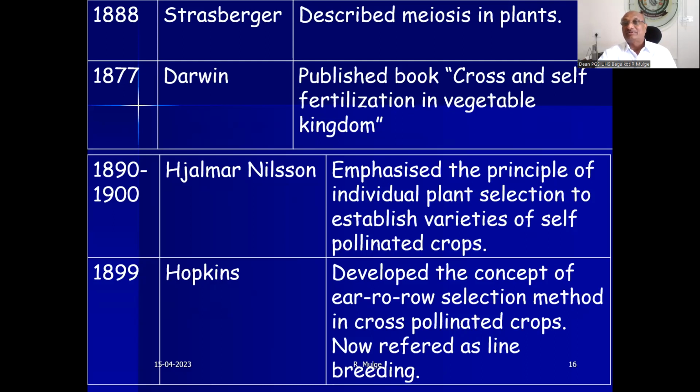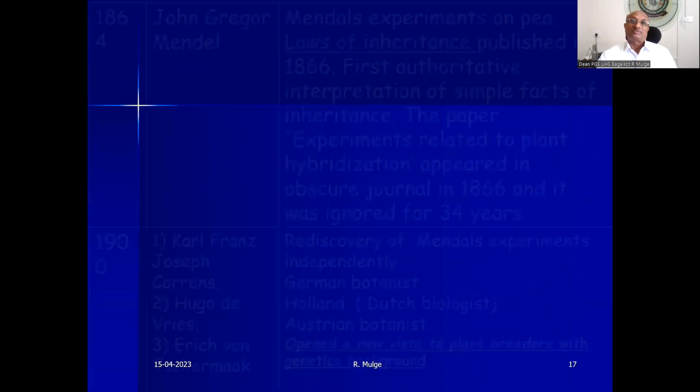It's tentative. Visually you are doing it, but sometimes visual may not be the actual potentiality of that plant. So how that progeny is performing, that's the principle of year to row selection. That's what you now call line breeding, right? This is line breeding, so it's very important for cross-pollinated crops.